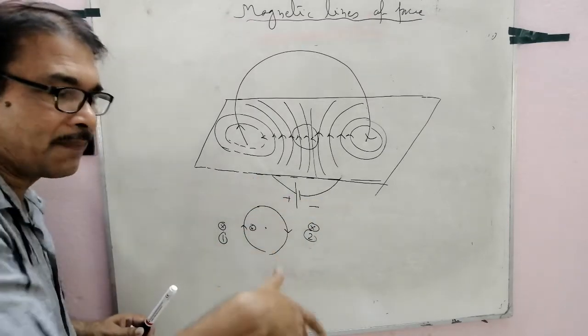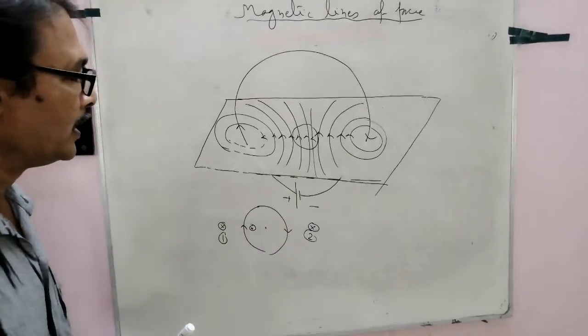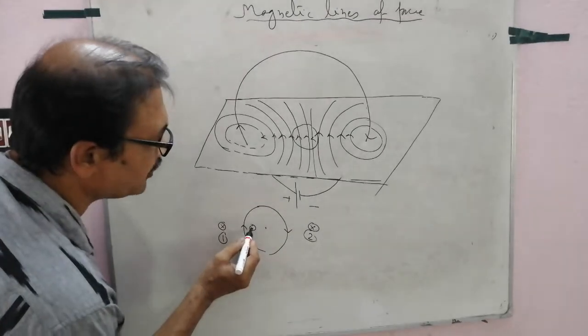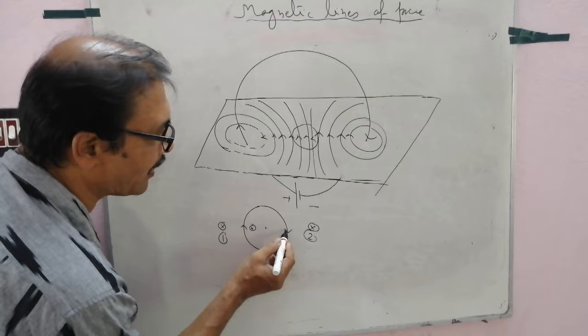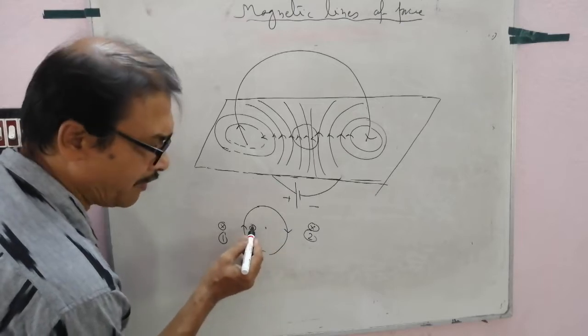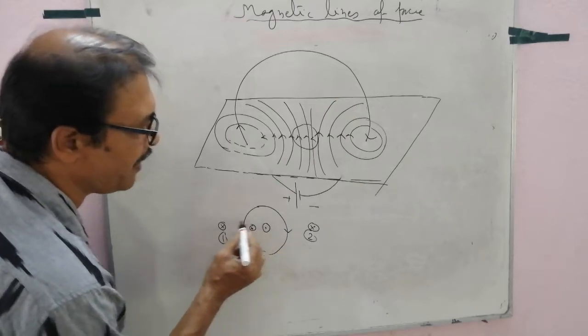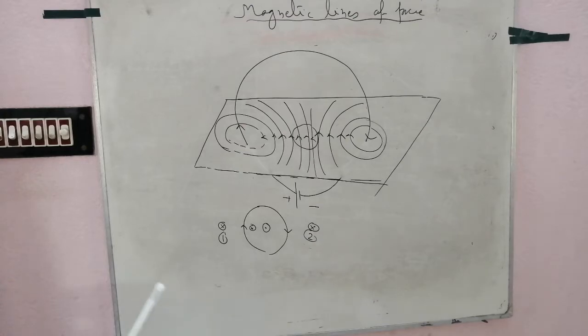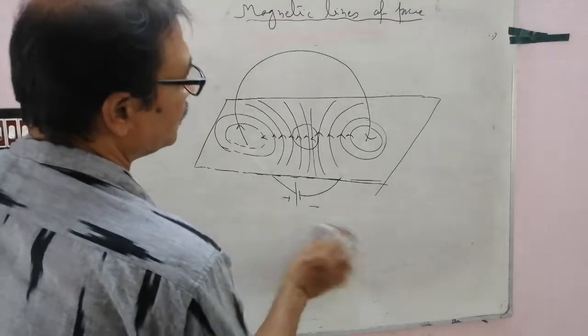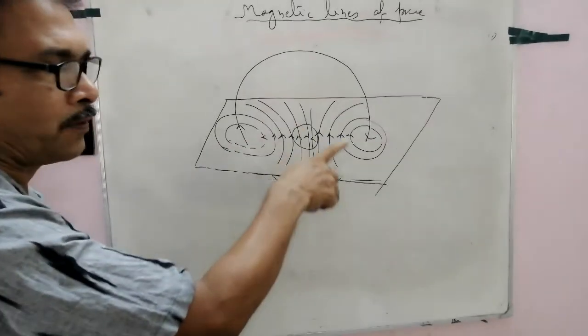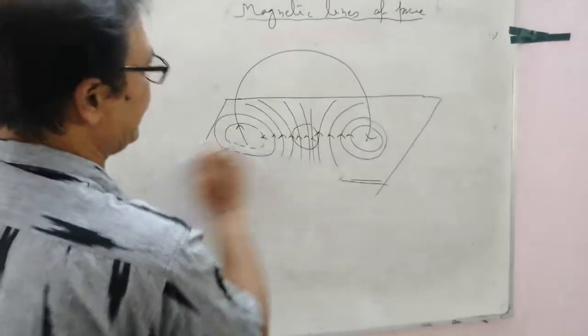So inside, both magnetic fields are downward, but this portion is very near and this portion far. So that is why here the magnetic field is weak, but in this portion the magnetic field is strong. Clear? Okay. This type of discussion you have also studied in class 10.